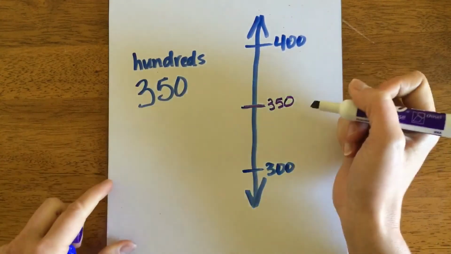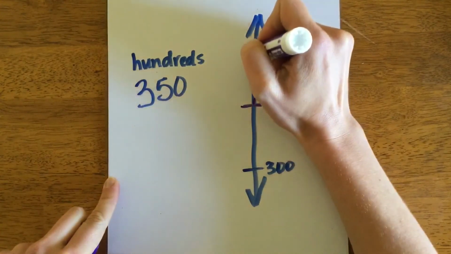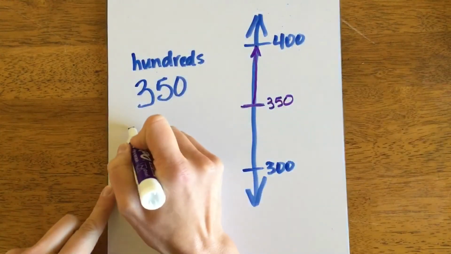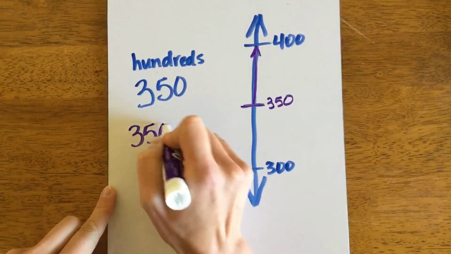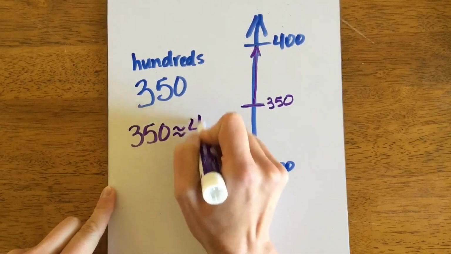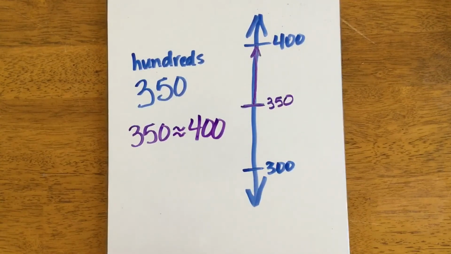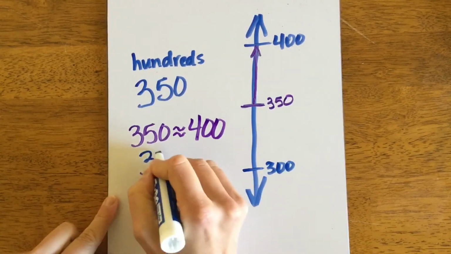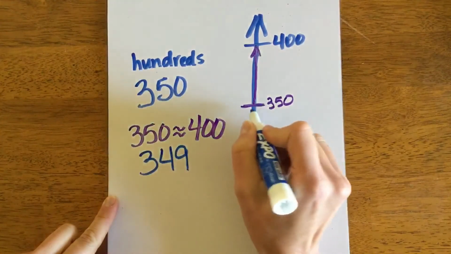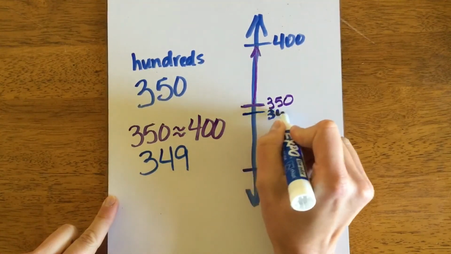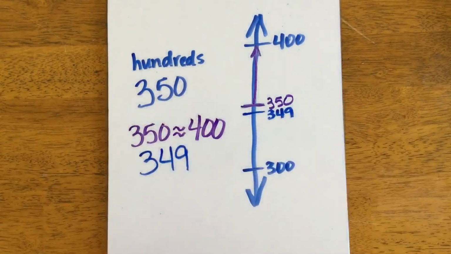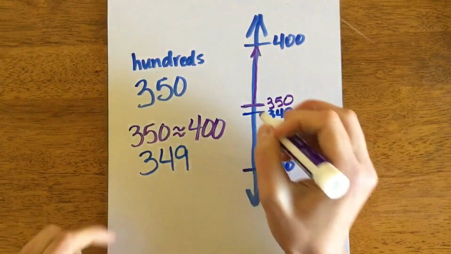So, using our rounding rule, we know that 350 automatically rounds to 400. 350 is approximately 400. If you encounter a number like 349, which is one notch below 350, this number automatically rounds down to 300.